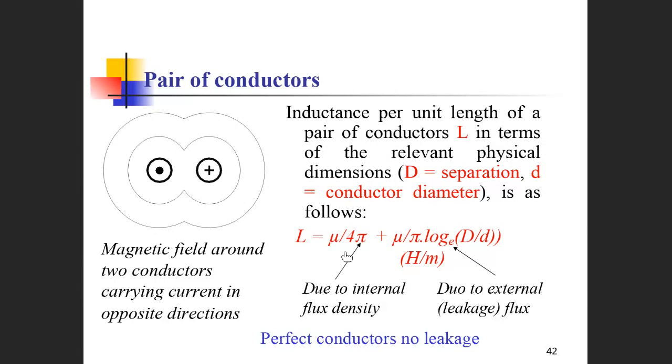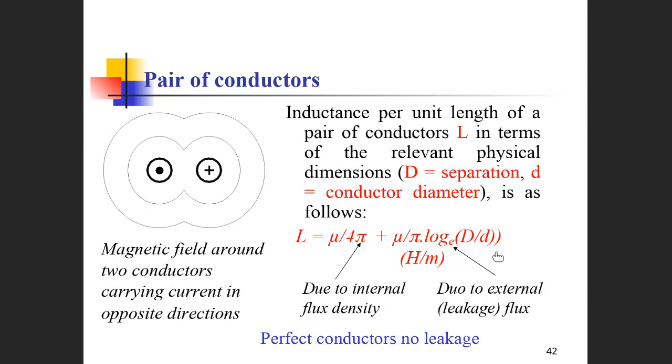Imagine D is the separation between the 2 conductors, and small d is the diameter of the conductors. When the diameters of the conductors are very small and the separation is very big, there is very big leakage between them, so the inductance will be bigger.